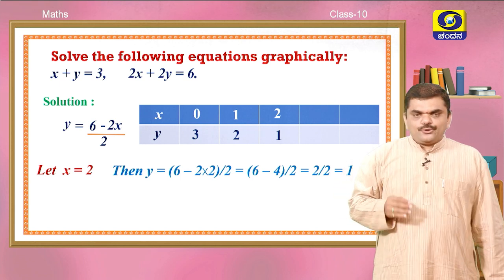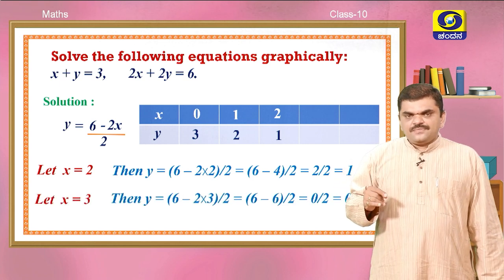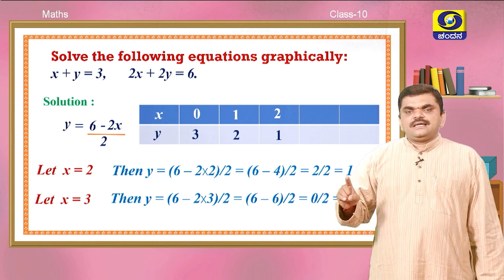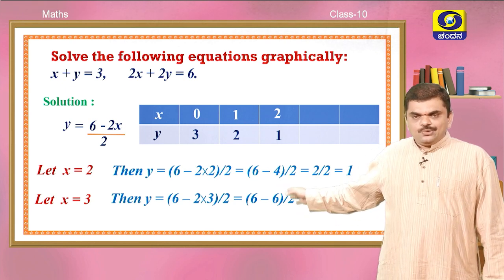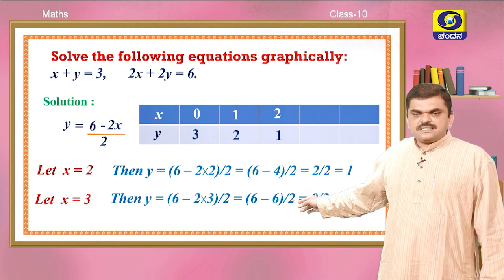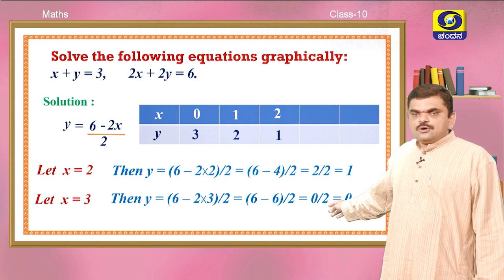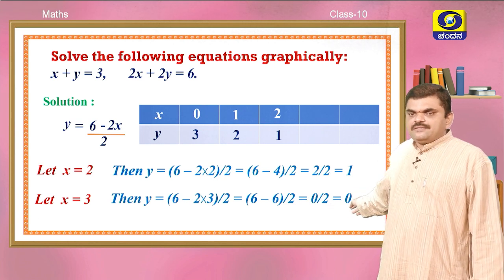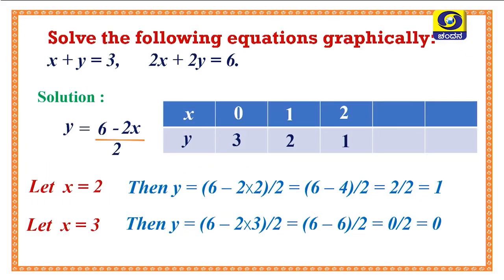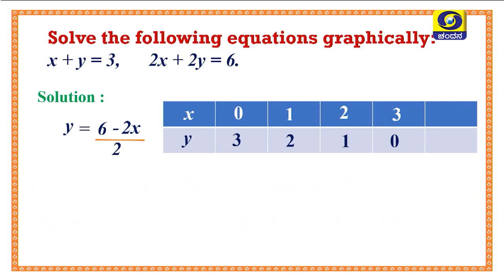Next step you have to do, when x becomes 3, y is equal to 6 minus 2 into 3 by 2, that is 6 minus 6 divided by 2. 6 minus 6 becomes 0, 0 by 2, 0 divided by anything is always 0, we know it. So, when the x coordinate becomes 3, the y coordinate becomes 0. And one more value, let us take x is equal to 4.